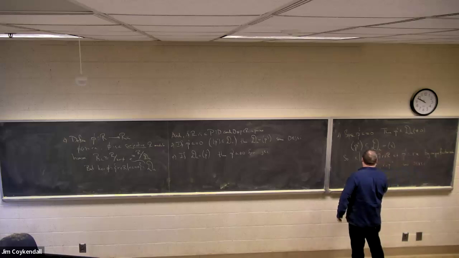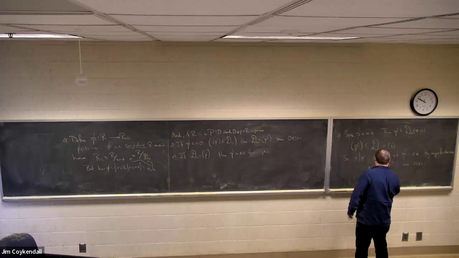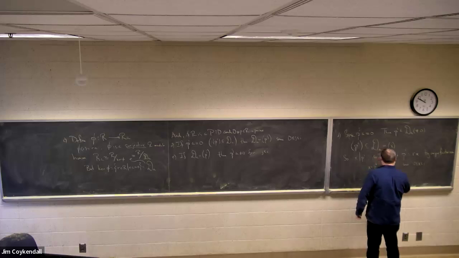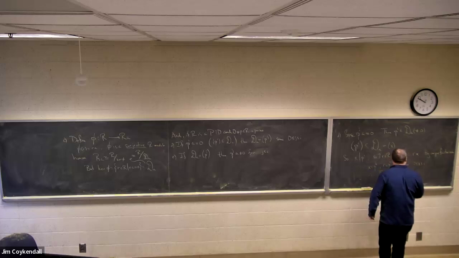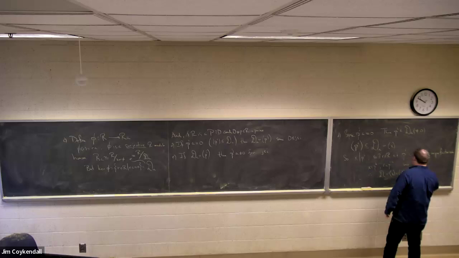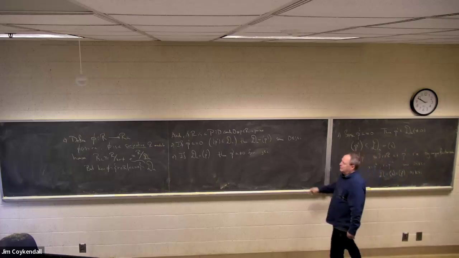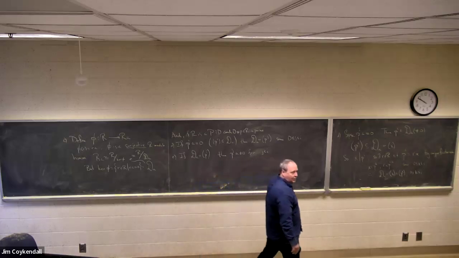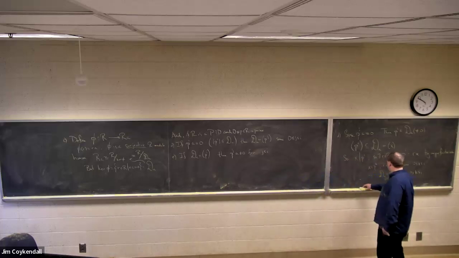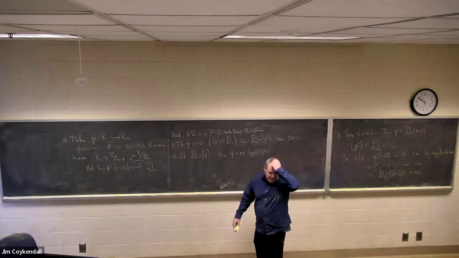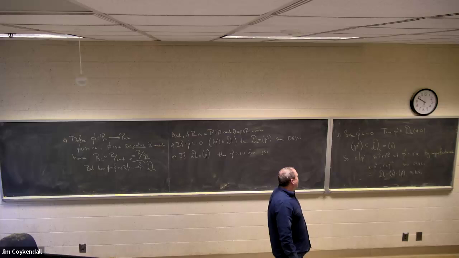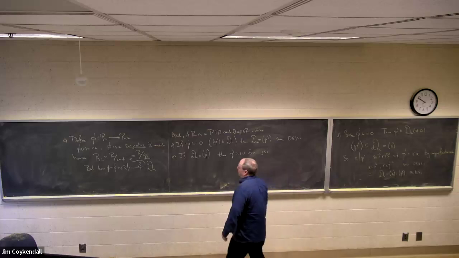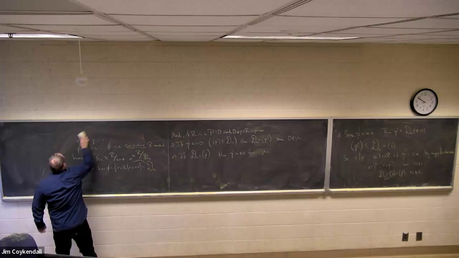Therefore... any questions? So if you ever have a prime power annihilate the element A, that means the annihilator of A is the ideal generated by a power of that prime.